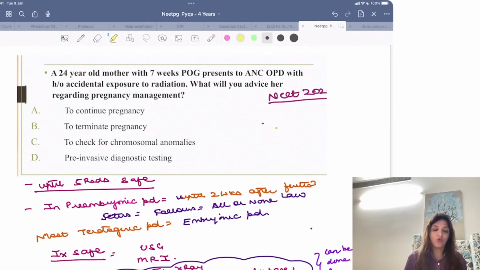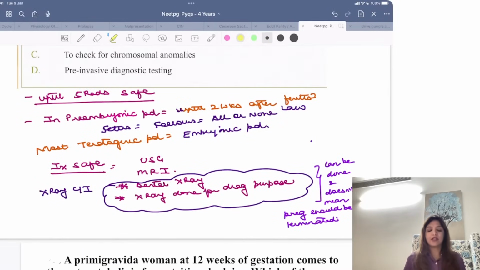A 27-year-old mother with 7 weeks pregnancy at antenatal care OPD has history of accidental exposure to radiation. What will you advise her regarding pregnancy management? Now, please remember that up till 5 rads of radiation exposure is safe during pregnancy, right?